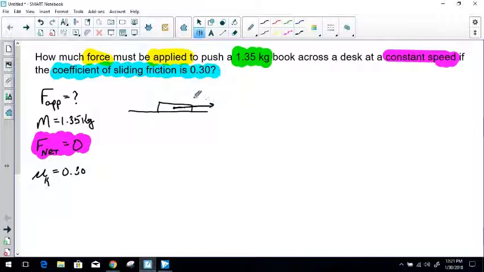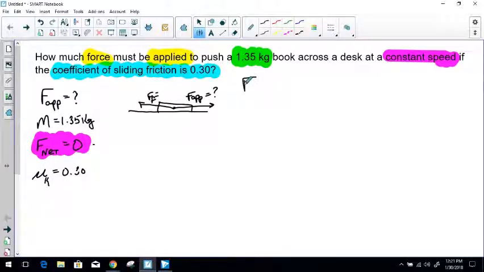So I have an applied force this way that I'm looking for. And we have friction, because we have this coefficient of sliding friction. So we've got some friction here, and I know that the friction force has to be equal to the applied force because of this net force being 0.